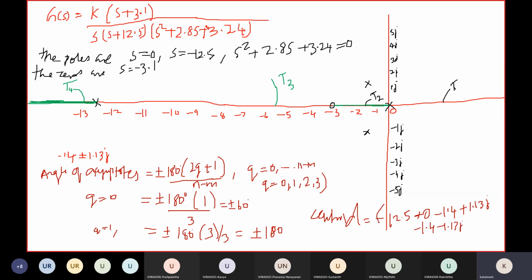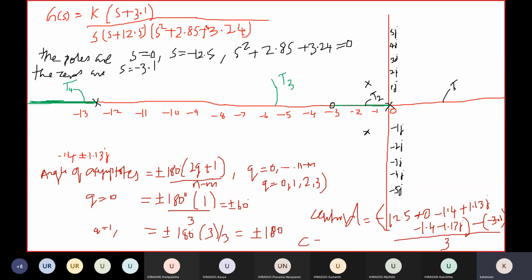The zero is s equal to minus 3.1. The number of poles is 4 and the number of zeros is 1, so n minus m is 3.